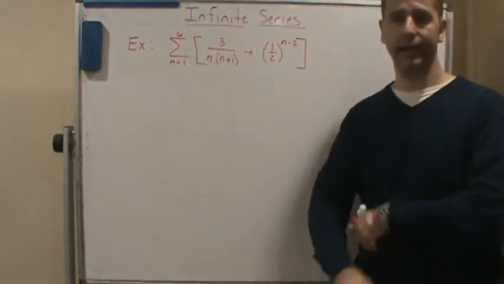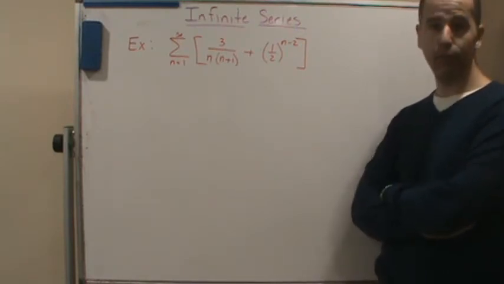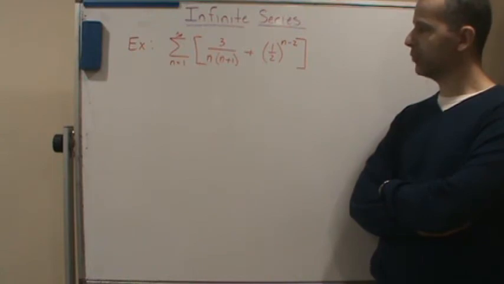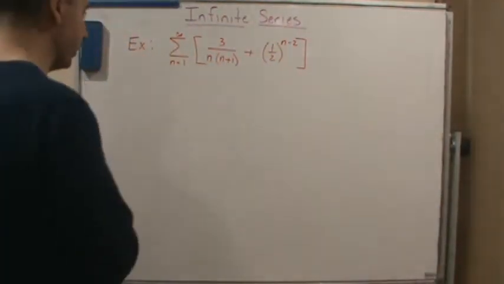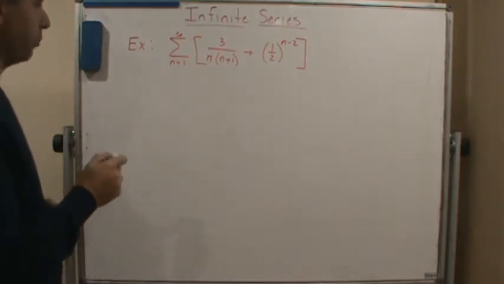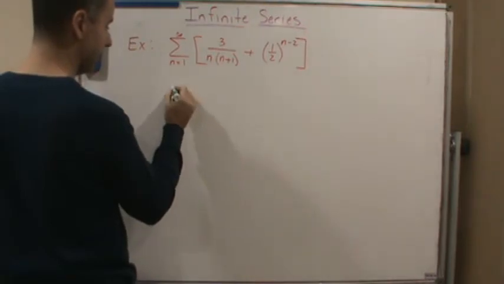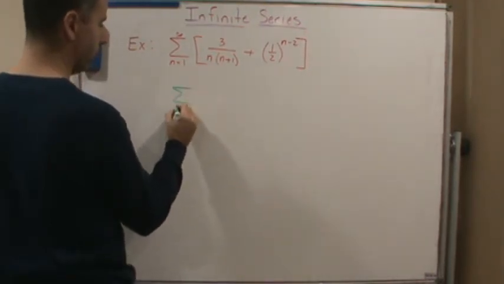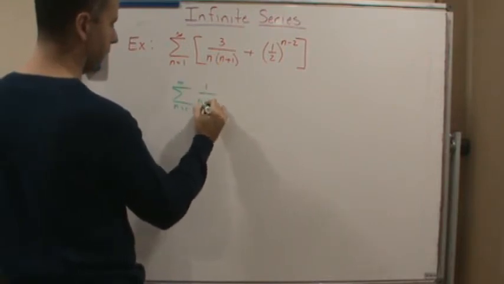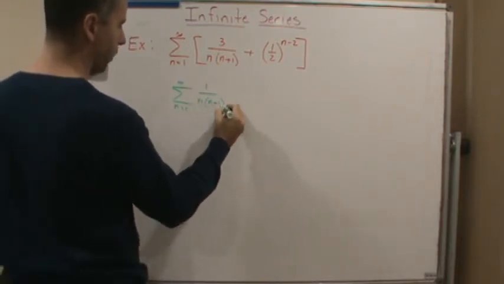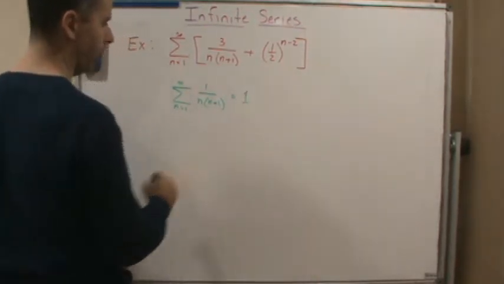Okay, so welcome back. Now, in this example, it looks like something a little complicated, but we should recognize some of these terms in here. So, first thing that I'm noting is that we showed earlier that the series n equals 1 to infinity of 1 over n times n plus 1 converges to 1.